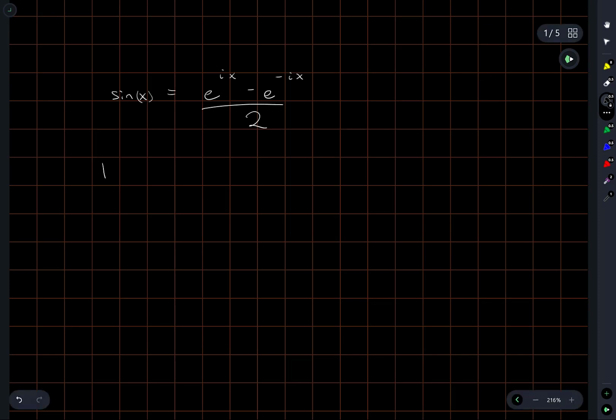So then 1 plus sine x is 1 plus e to the ix minus e to the minus ix over 2.